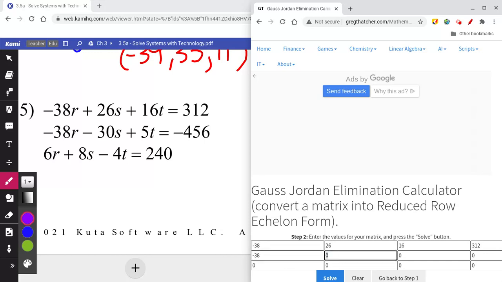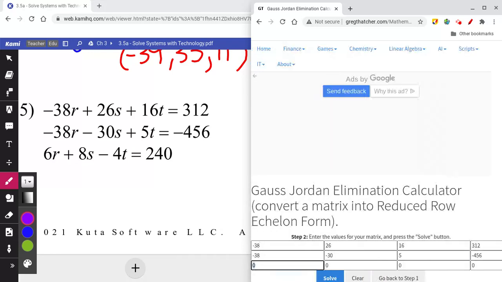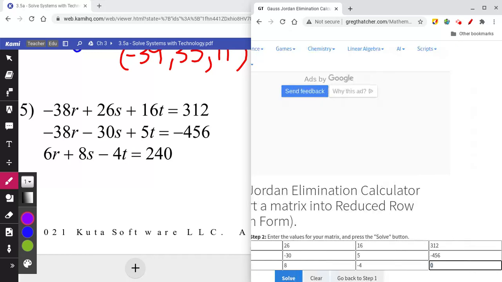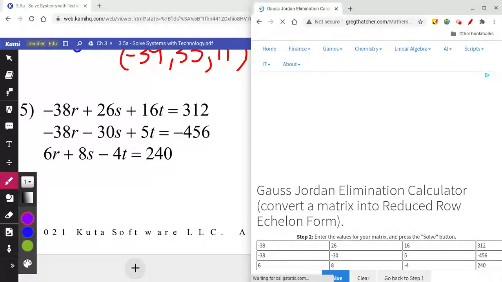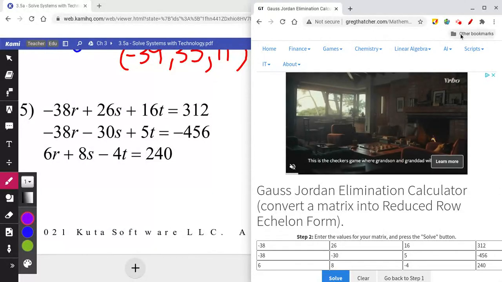We've got r, we've got s, we've got t, so negative 30s, 5t, negative 456, 6r, 8s, negative 4t, 240. Notice I'm not entering the variables. Okay, we hit solve. I don't know why I'm having a hard time scrolling here.